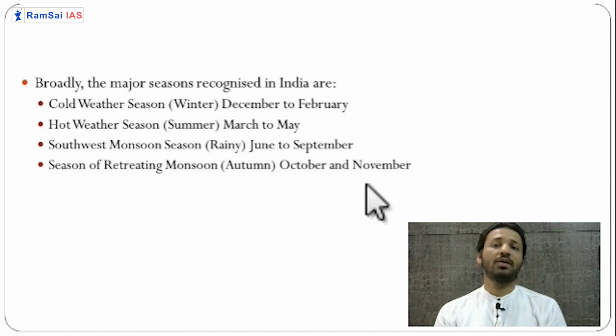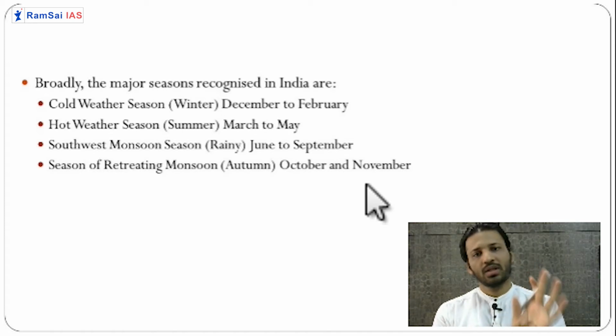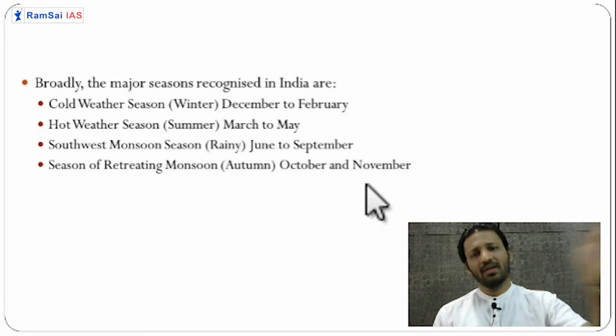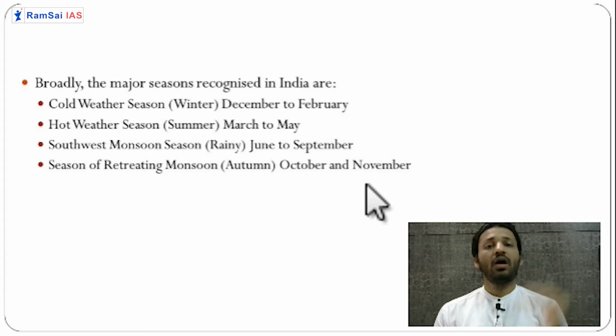We call this a season. So in India we recognize four seasons. In some regions we have 6 seasons also, but not in the entire India. But in terms of India as a whole, we can say we have broadly 4 seasons.